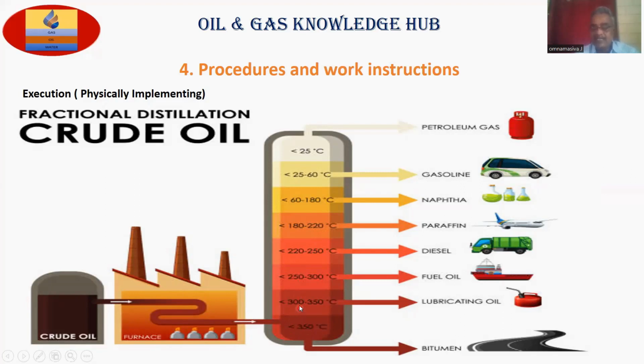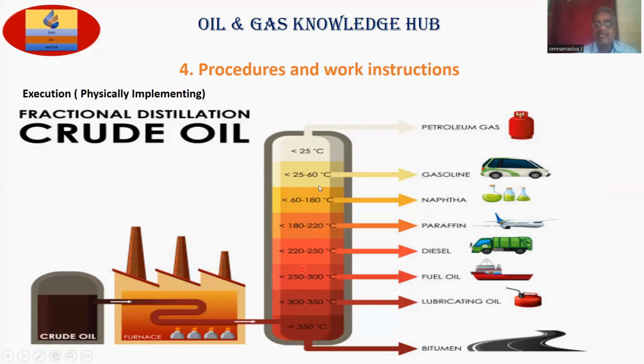At 435 degrees, 300 degrees, 250, 220, 180, 60, 25. As long as it is going upwards, the temperature will decrease. Each and every stage there is a special product. It depends on density and temperatures. This is the normal operating condition.